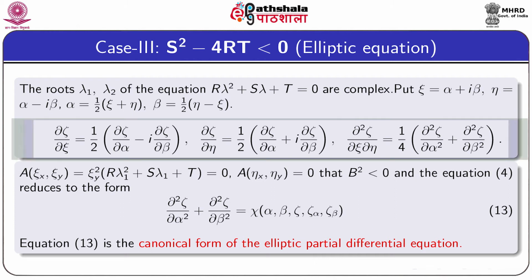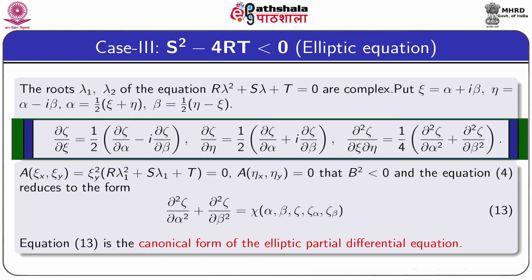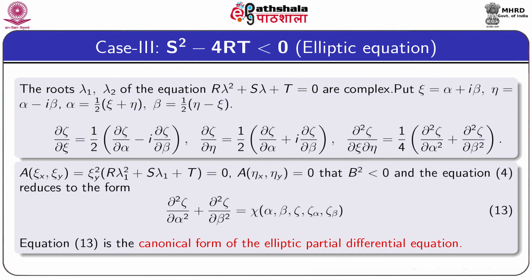So, for that, here we computed del zeta del xi and del zeta del eta, and del 2 zeta del xi del eta is 1 by 4 del 2 zeta del alpha square plus del 2 zeta del beta square. The value of a xi x xi y becomes 0, and the value of a eta x eta y is also 0, but the value of b square becomes negative.